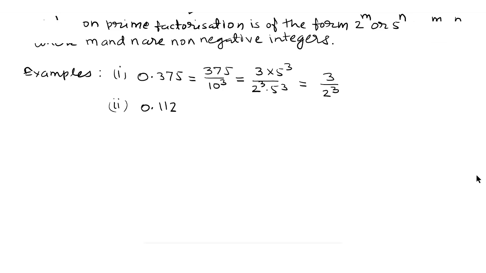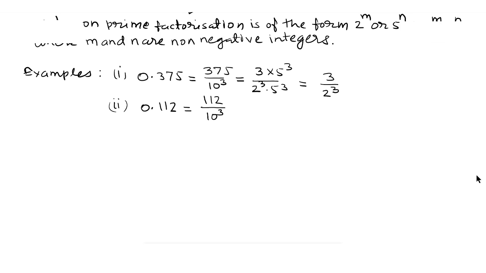0.112. On writing this as a rational number, 0.112 equals 112 upon 10 to the power 3. Again we put 1 for the decimal and 3 zeros for the 3 digits.